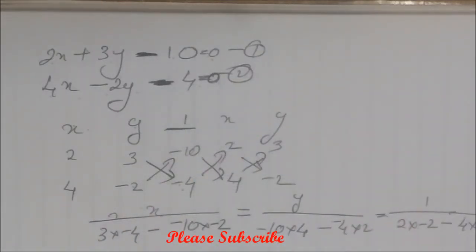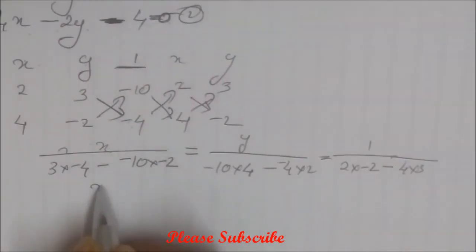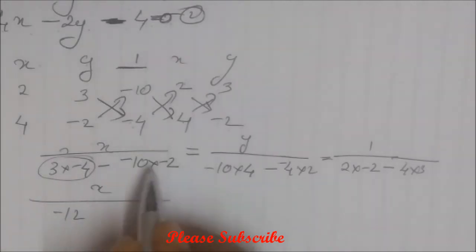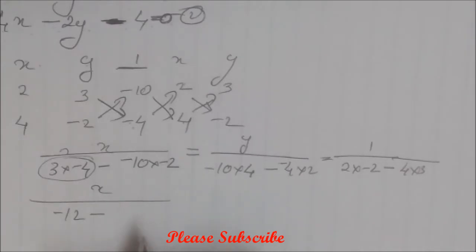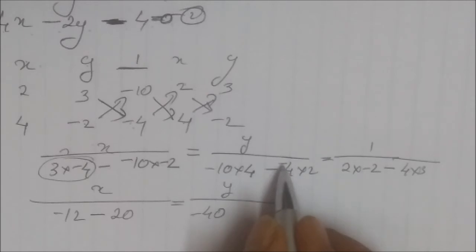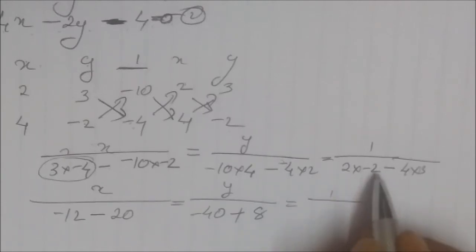Okay, now I wrote the equations. Now I am moving to the next step. So next step is x by 3 into minus 4 is minus 12, and here we have minus minus 20, which is minus 12 minus 20, is equal to y by, here it is minus 40, and this became plus 8, is equal to 1 by, here it becomes minus 4, and here it becomes minus 12.